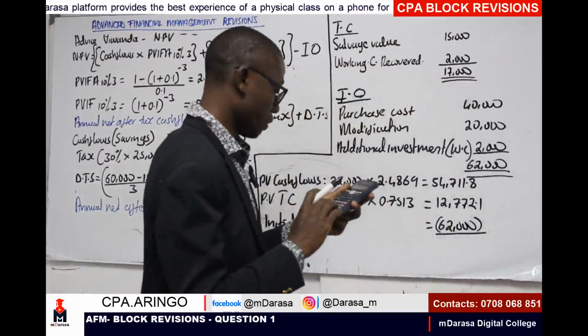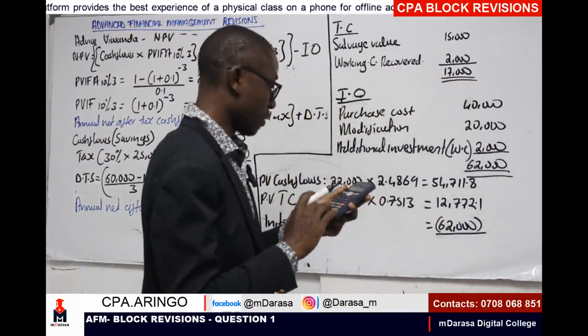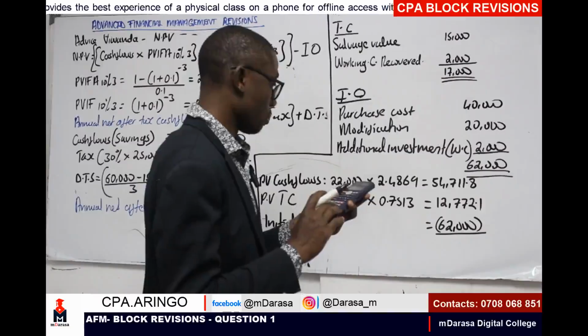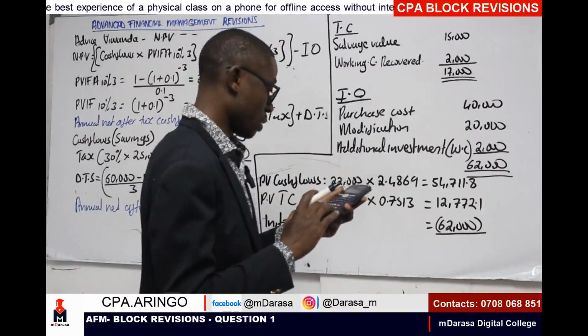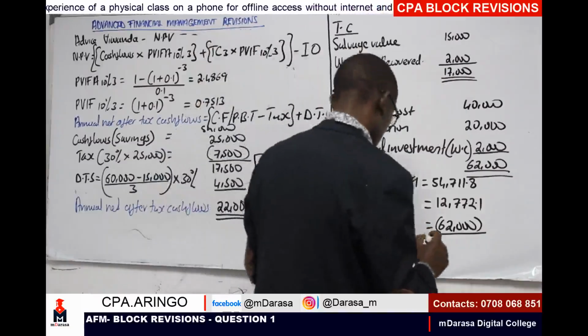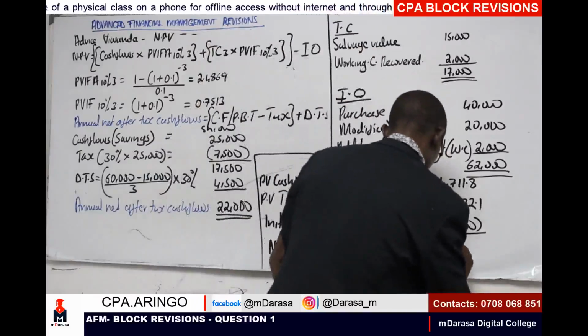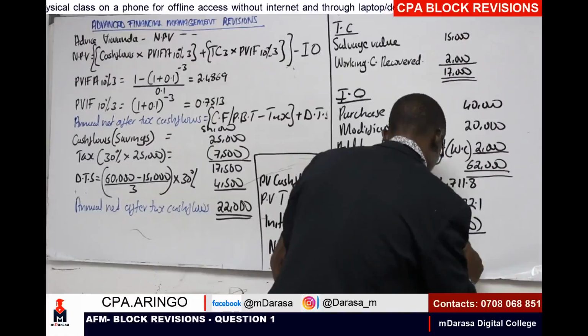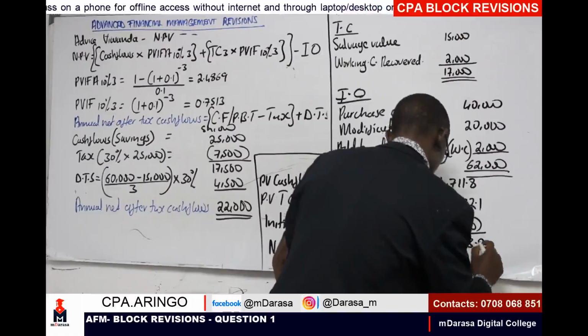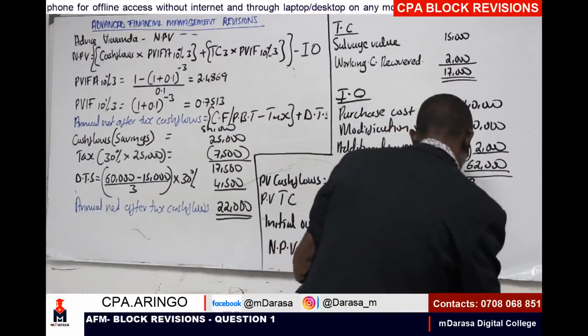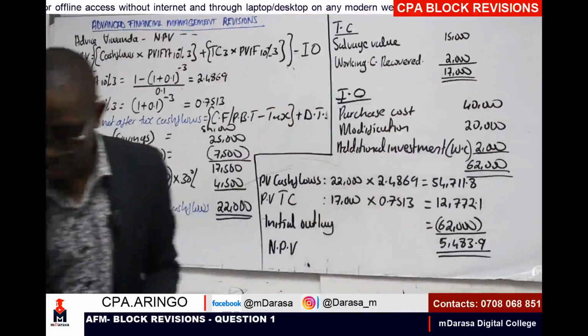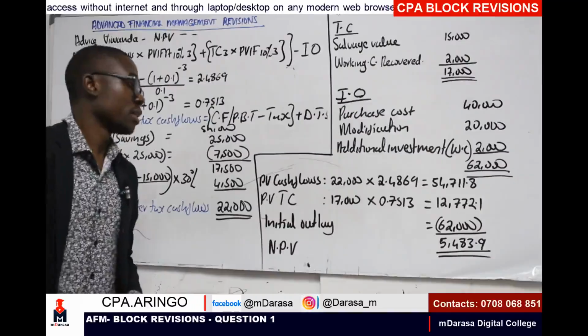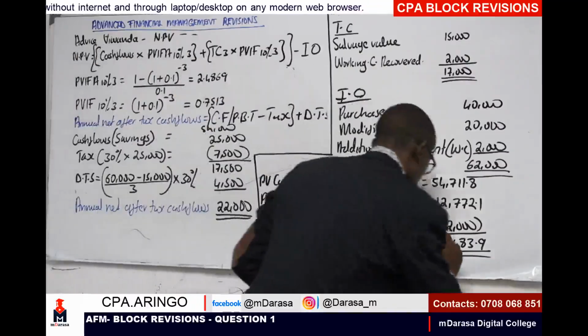So plus 54,711.8 minus 62,000. This should give us my net present value to be 5,483.9. So this is what I'm having as our net present value.